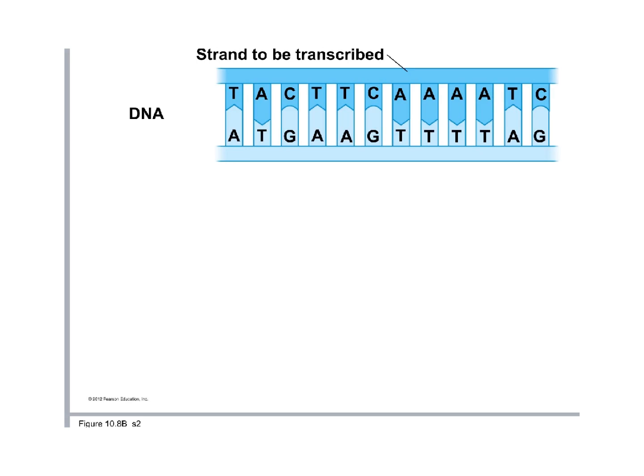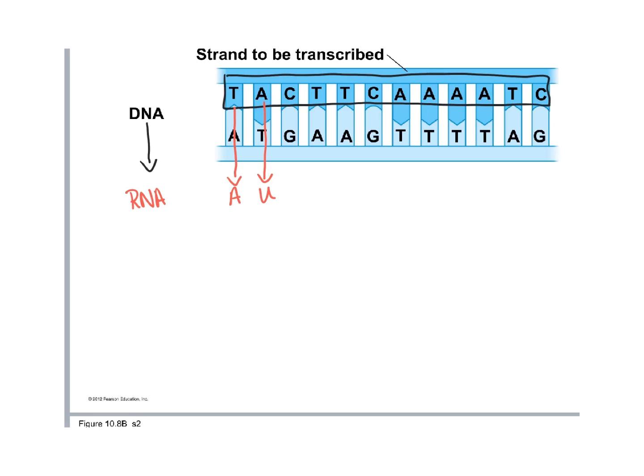Okay, so let's carry out transcription. And in this DNA molecule, the authors of your textbook are telling you, okay, here's the strand to be transcribed or turned into a molecule of RNA. So let's go ahead and match the base pairs based on what the DNA strand says. So T is going to match up with A. A is going to match up with U. Remember, in RNA, the base here is uracil.